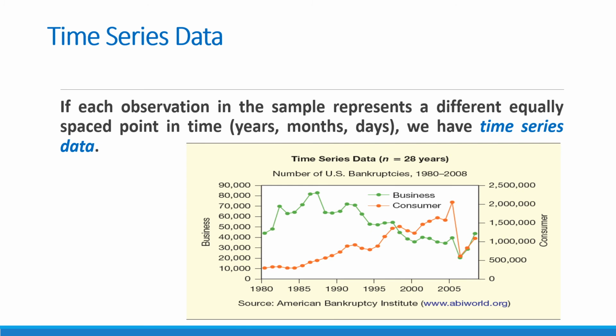So for example, if we collect the daily prices of some stock in the stock market or of the main stock index, for example EGX 30, in this case we have time series data. Each observation represents the daily price of the index.